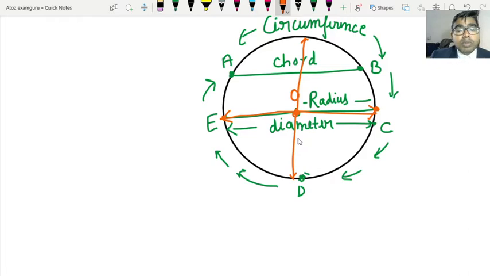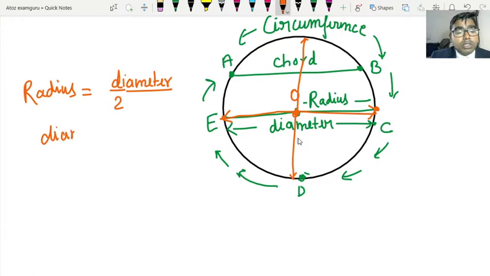So we find a very important relation in this case: radius equals d by 2, means the radius is half of the diameter. Or friends, the diameter is twice the radius, right friends?